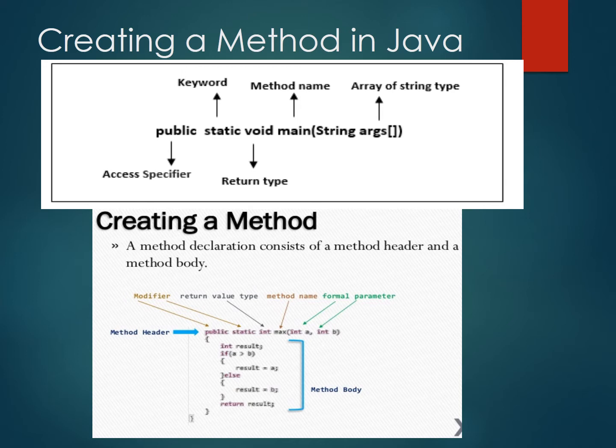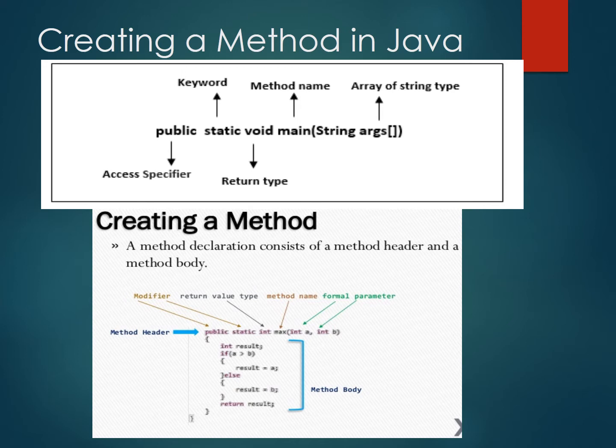Thus, a method declaration consists of a method header and a method body. The first line of the method definition is the method header, and the method body is enclosed within the opening and closing curly braces. As we can see in the example, public static int max, and in the brackets it is given int a, int b.